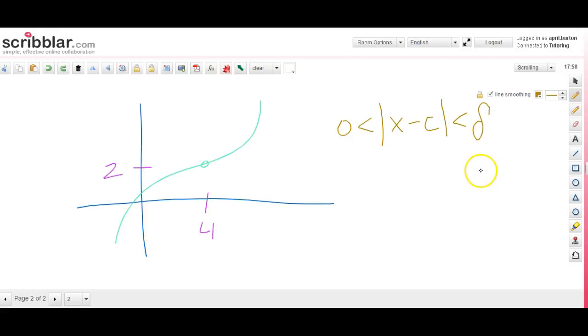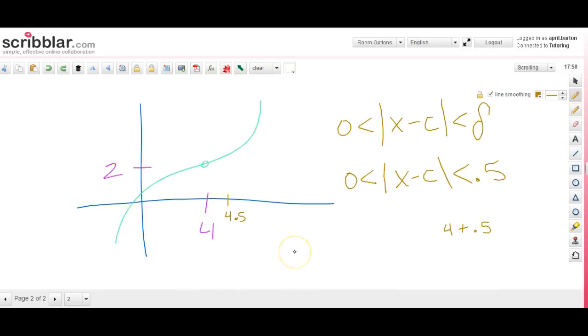Let's say we just want delta to be 0.5. So this x minus c part is saying, so 0.5, that means I'm going to be 0.5 above 4. So to figure out that value, I would do 4 plus 0.5. So that actually gives me the value of 4.5.